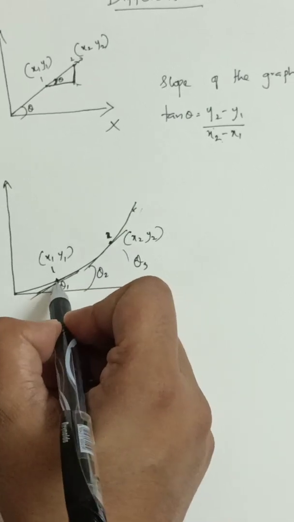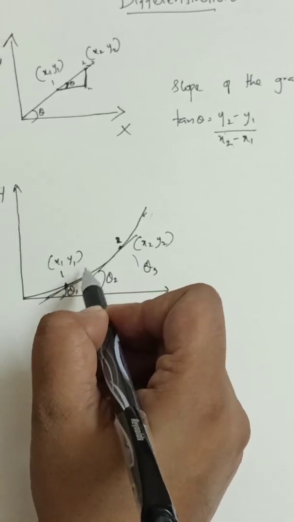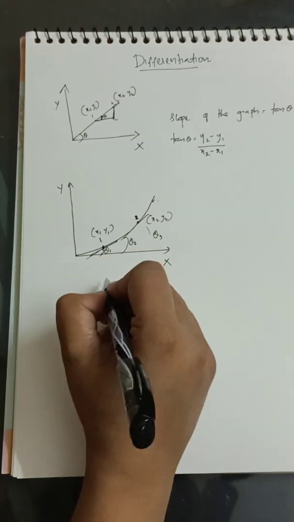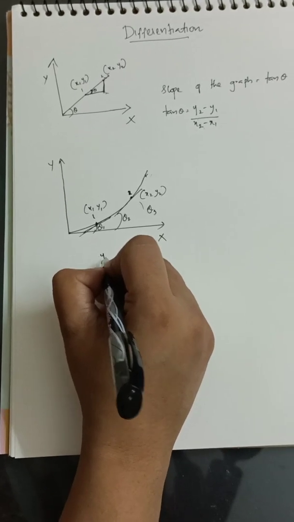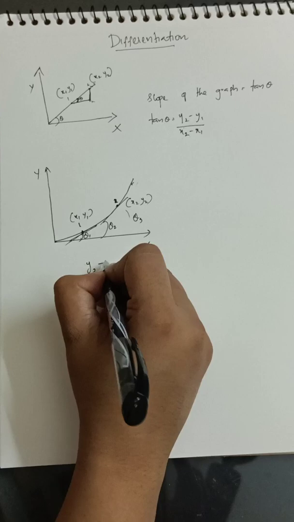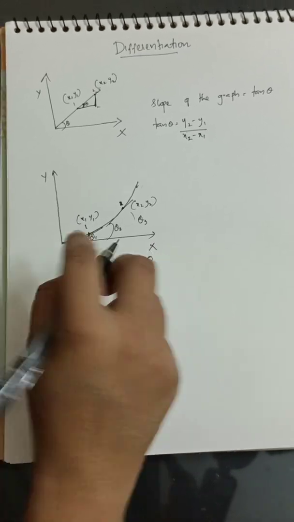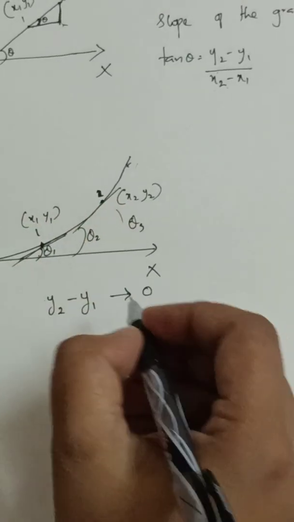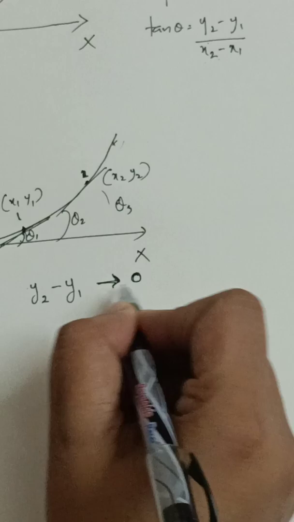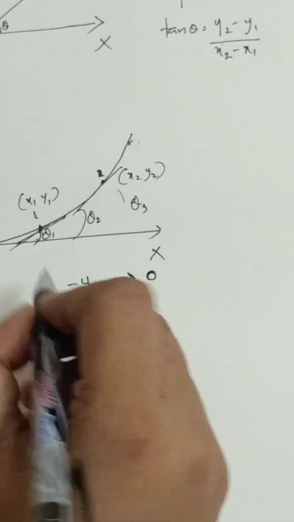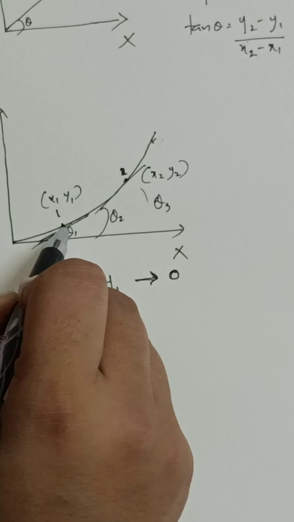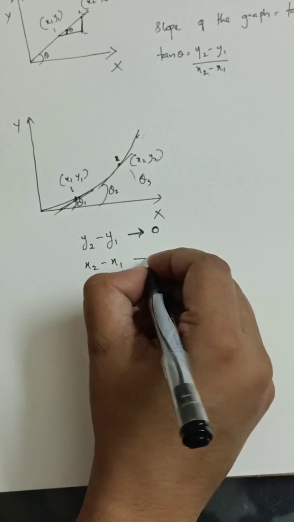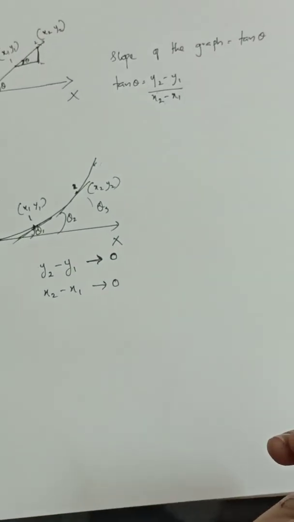Not exactly at the same point, but tending to be very close. Okay, so y2 minus y1 tends to 0. As 1 and 2 are very, very close, y2 minus y1 tends to 0. Not equal to 0, it tends to 0, because they are not at the same point, but they are very, very close. Then x2 minus x1 is also tending to 0.